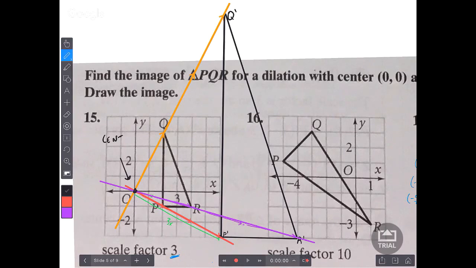Center of dilation. So if we don't know the center and we want to find it, we connect the points and we're going to find it.